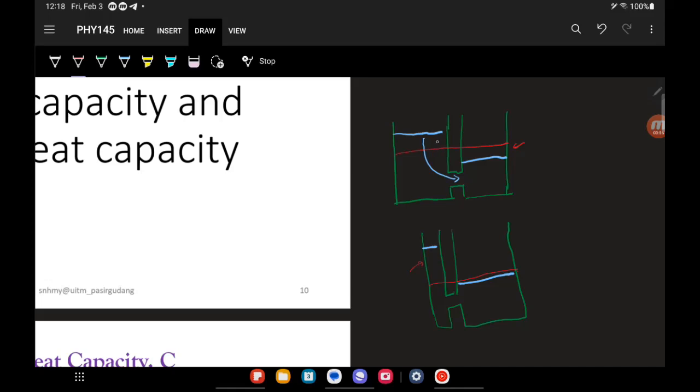One of them has the same initial temperature difference, but this object has more capacity, so it will produce more increase of temperature because it has more energy compared to this one.